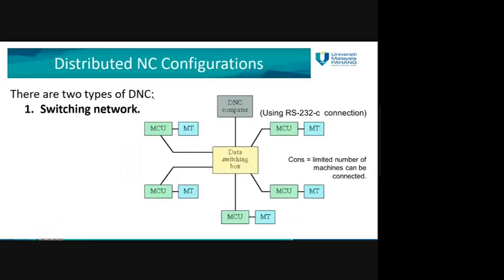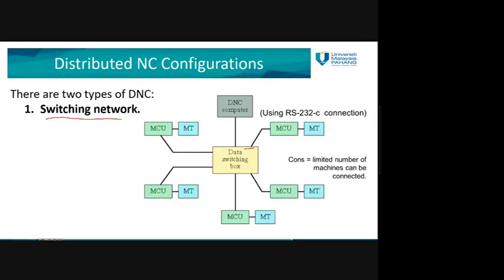Usually the distributed DNC systems can exist in two types of networking. Since we are talking about networks, there are two main types here. One we call the switching network. When we talk about networking, we are talking about routers, switches, and so on.